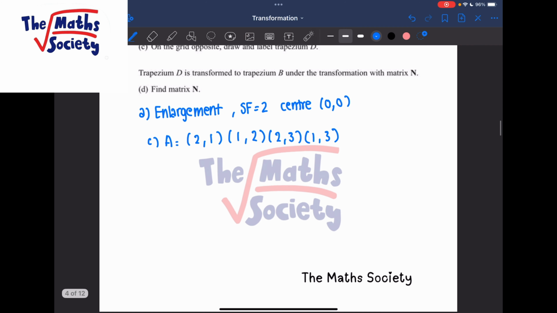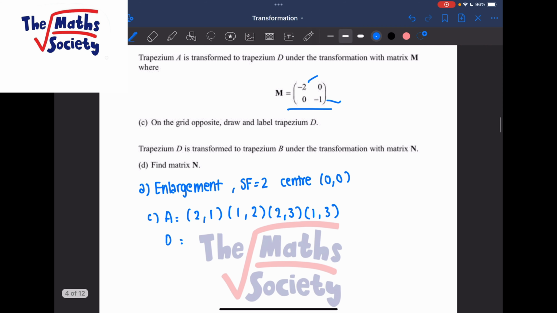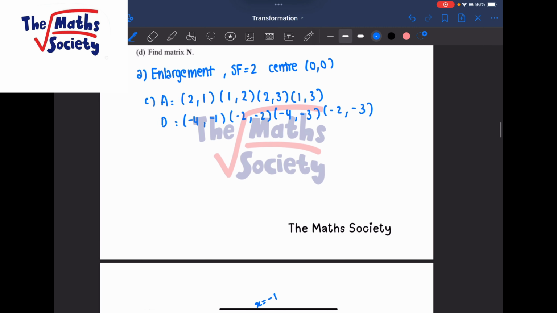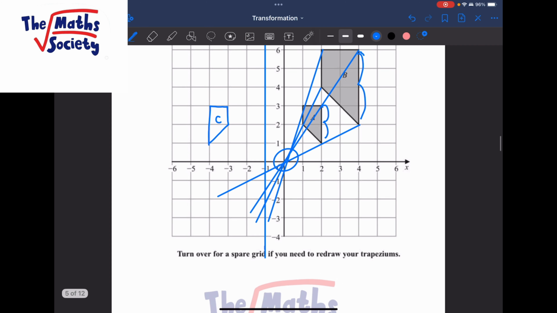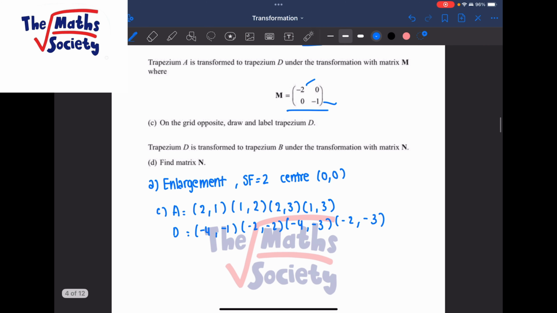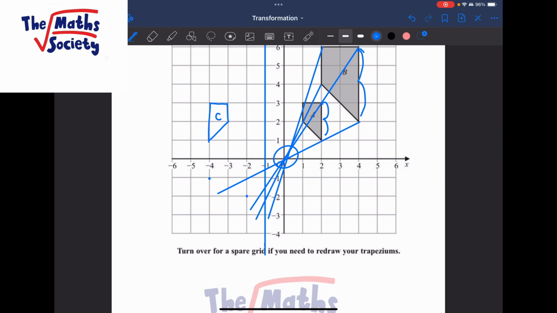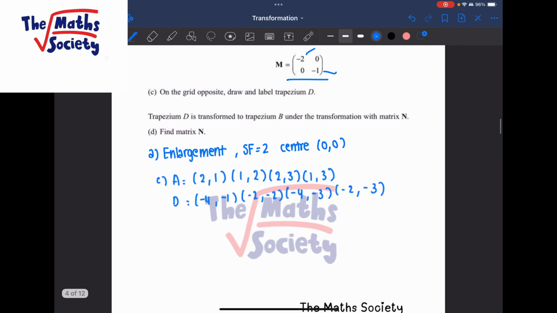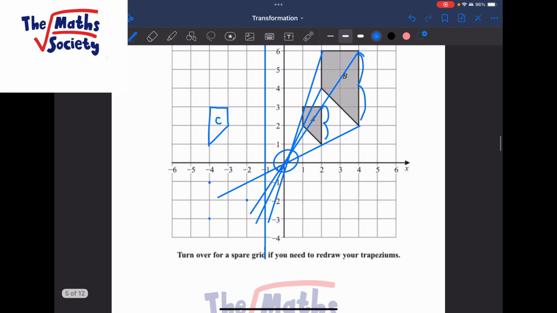And you actually just multiply them. So 2 times -2, that's going to be -4, -1, and it's 1, 2, so that's -2, -2, 2, 3, that's -4, -3, and 1, -2, and 3, -3. Okay, and then you can just draw the trapezium based on these coordinates. So it's -4, -1, then -2, -2, and then -4, -3, and then -2, -3.